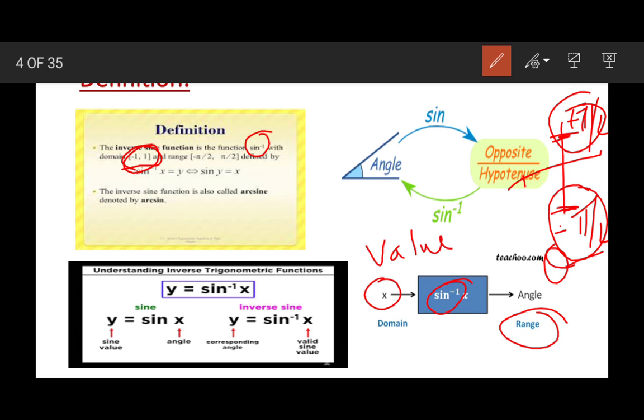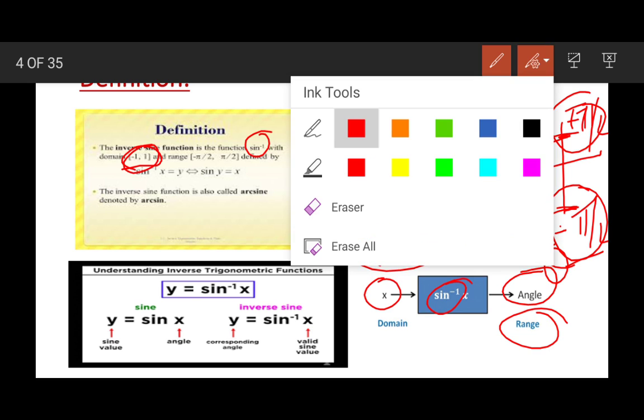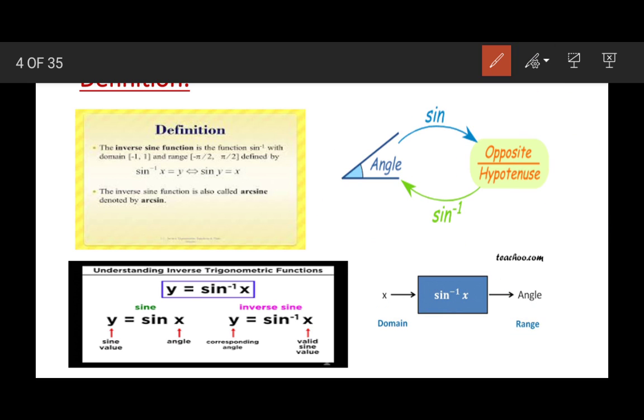At -π/2 the value is -1. At π/2 the value is +1. So domain is value; on the basis of value we define the domain. Range is angle; on the basis of angle we define the range. Clear? So now the definition is clear.